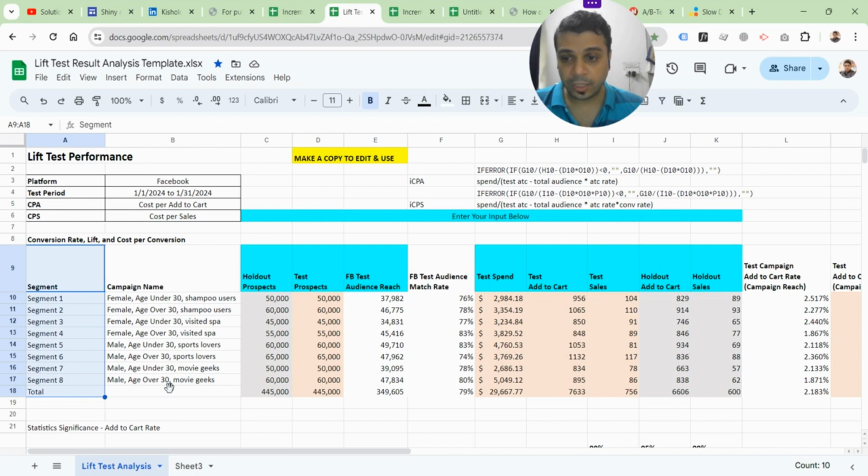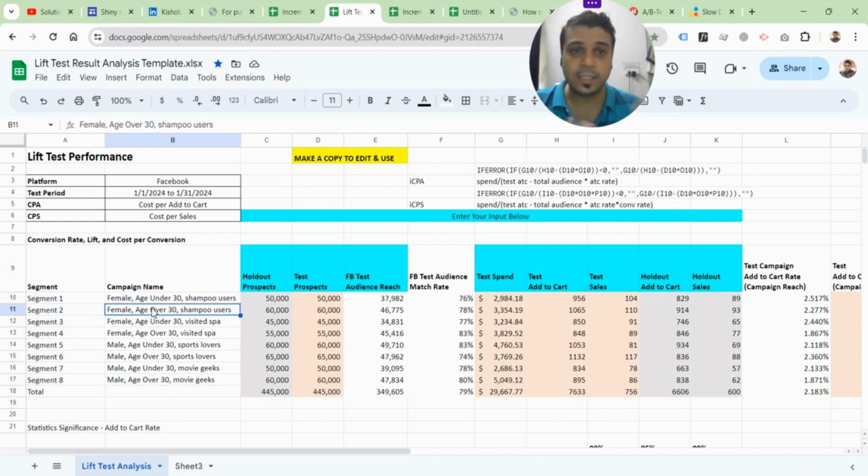We are doing this for several segments. In your case, the segments can vary easily. In my case, it was for a personal care brand, basically into hair care and healthy hair.